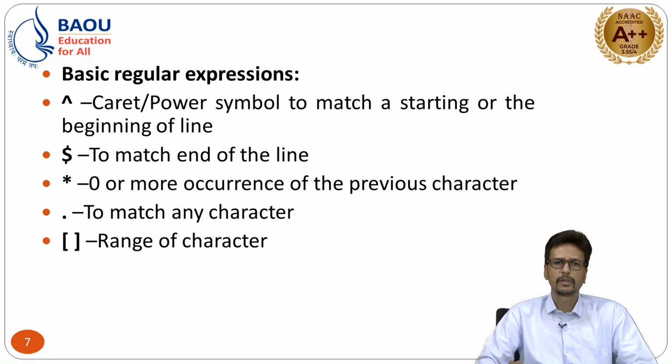Then after that is the square bracket, that is a range of characters. If you are required to search from a range of characters, in that case you have to put whatever the characters or the range into that particular square bracket. Say for example, you have to search some words that contain, say for example, AEIOU in a particular string.